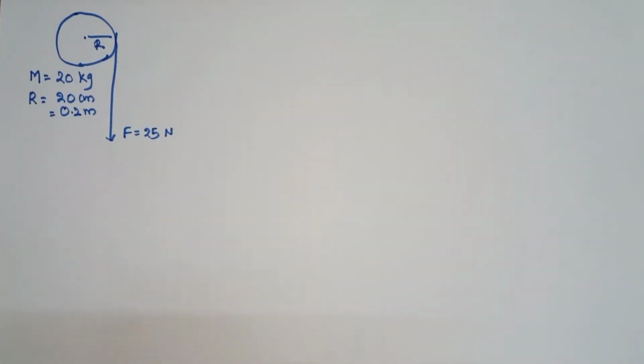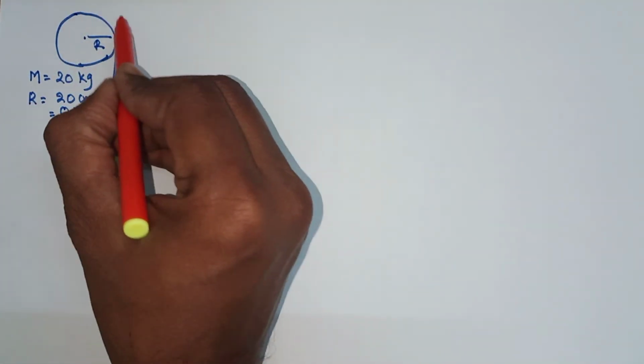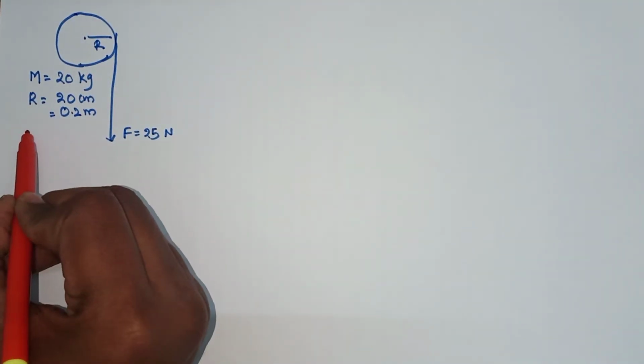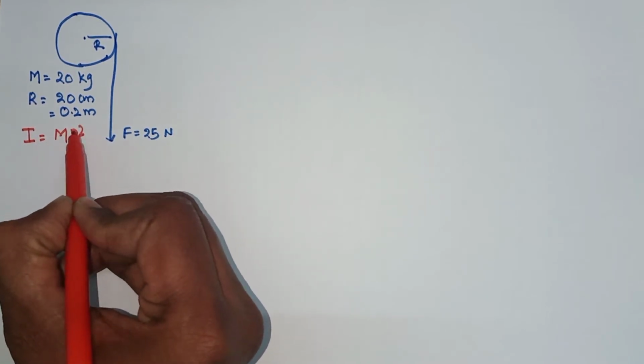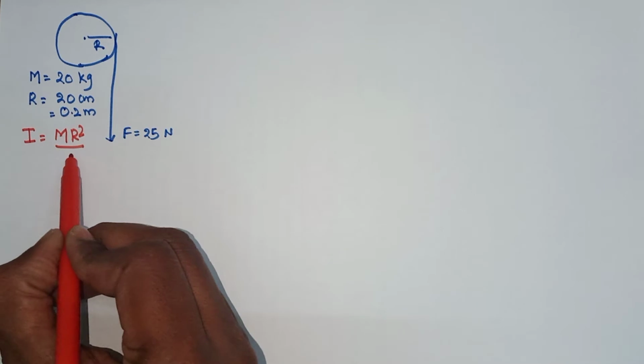Now this is a simple picture of a flywheel which is not flying, but rotating about a fixed axis. What is the moment of inertia as it is rotating? The moment of inertia I is equal to m r square by 2.